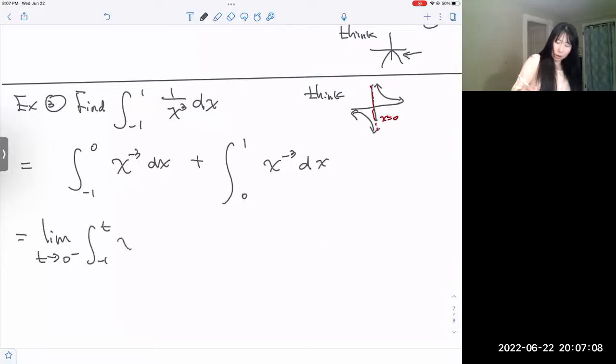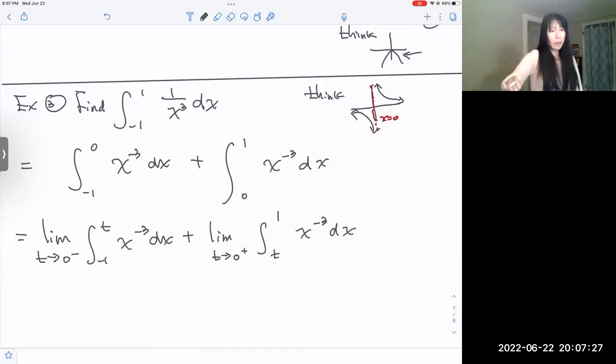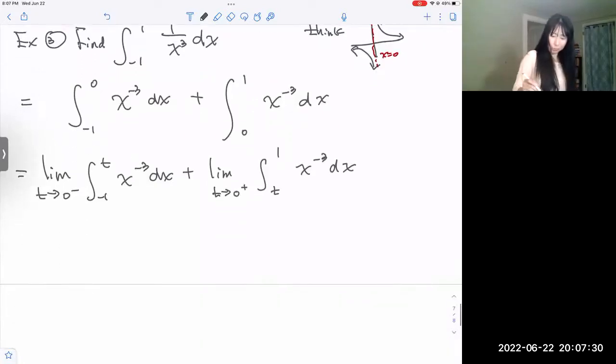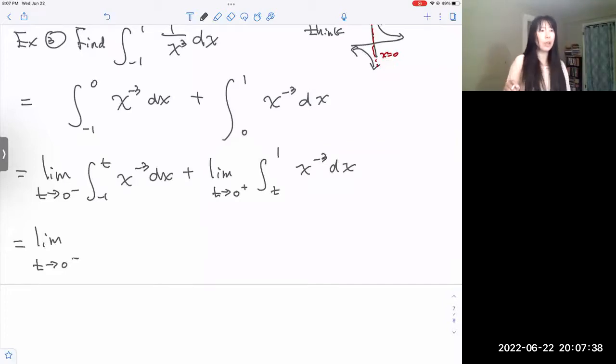-1 to t, to the 1. Okay, now so we do the antiderivative of x to the -3rd power.